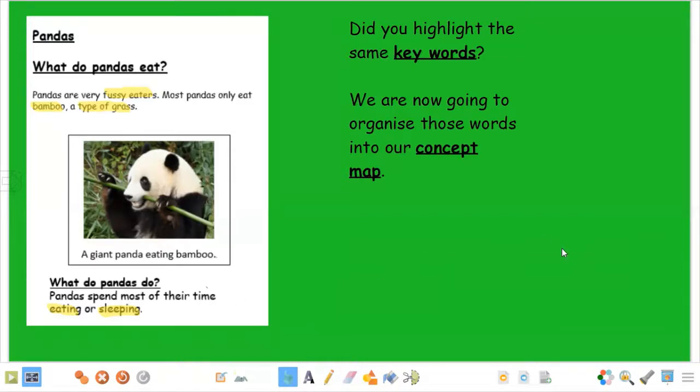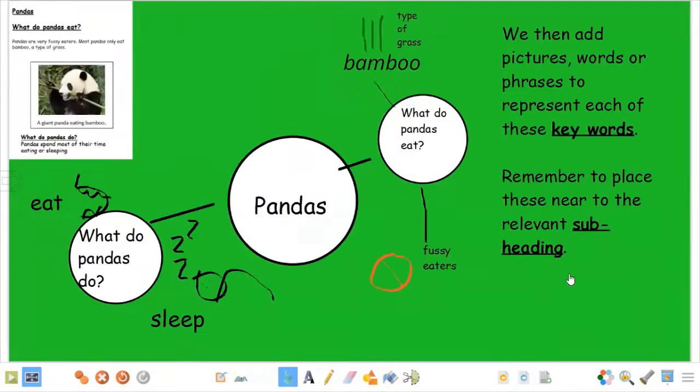Okay, so after highlighting those words from my report on pandas, I've then started to organize them into my concept map. So let's have a look here first of all. So what do pandas eat? Well, I've drawn here the bamboo and I've written the word underneath. You could even sound button it if you want to.